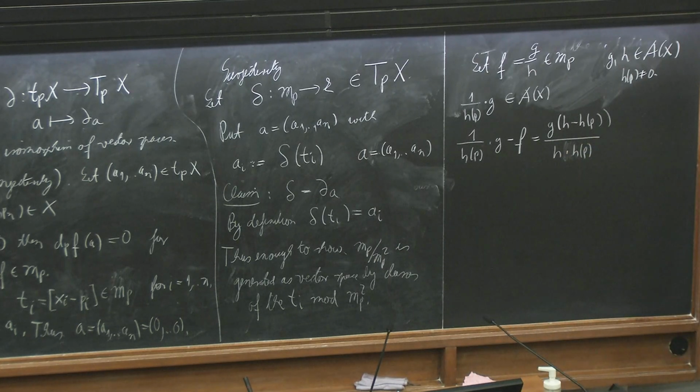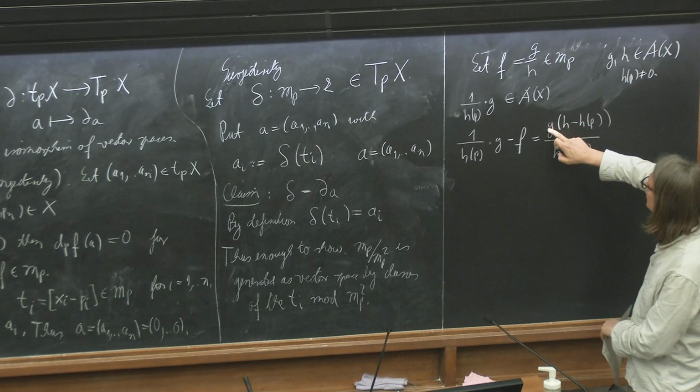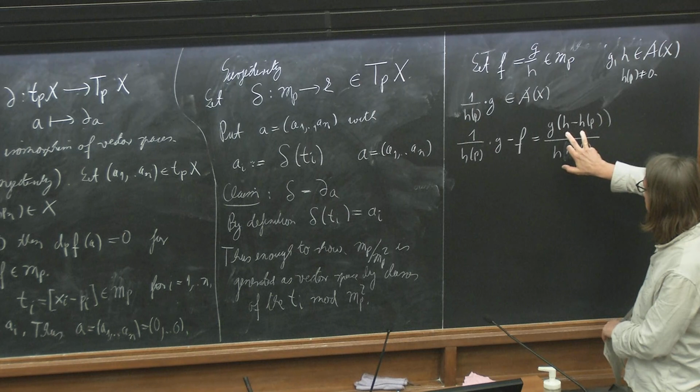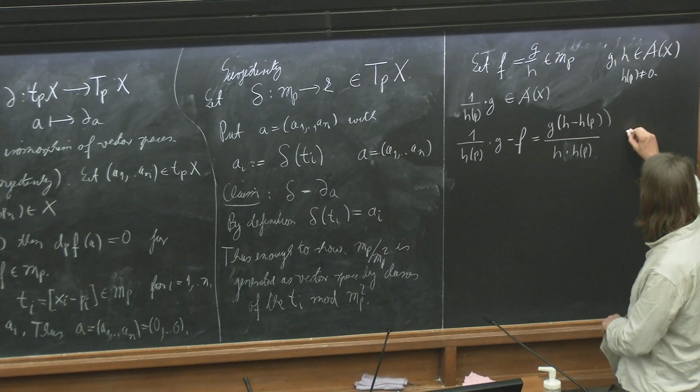So now you can see G divided by H was in MP. Obviously, H minus H of P divided by H of P is also in MP. So this is in MP squared.